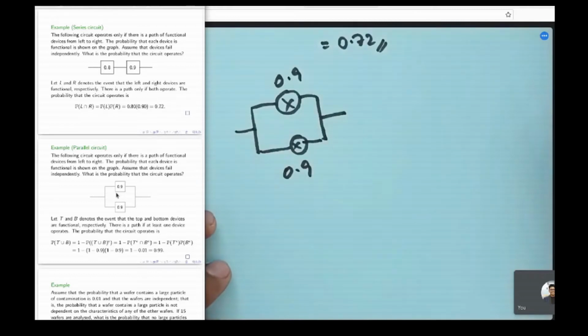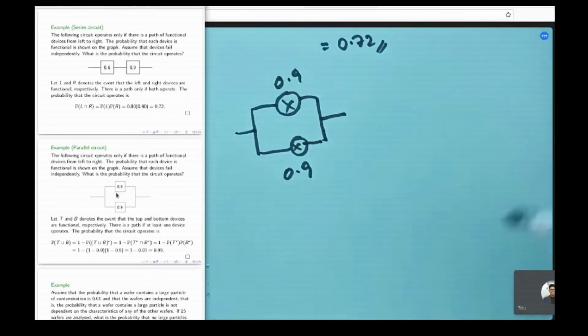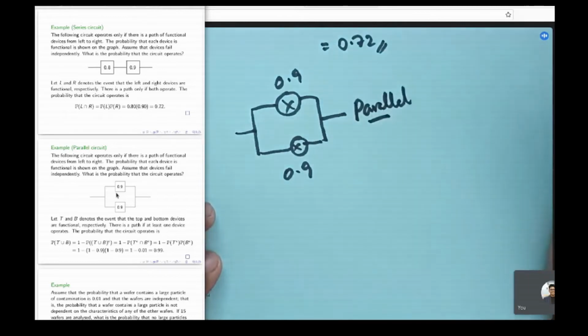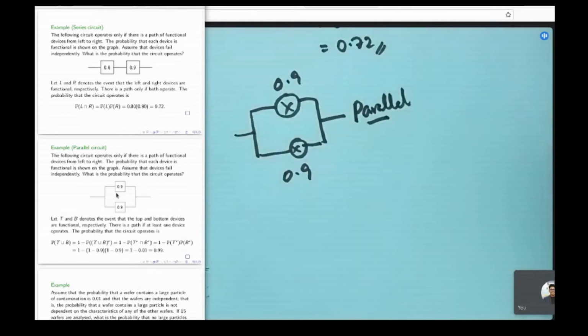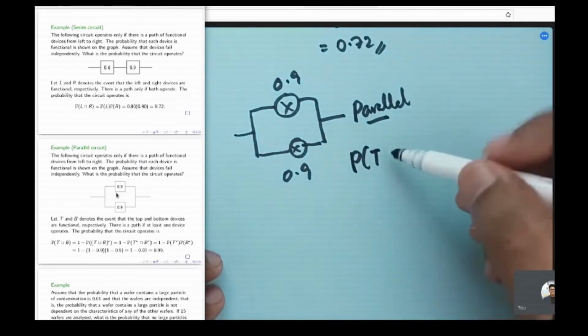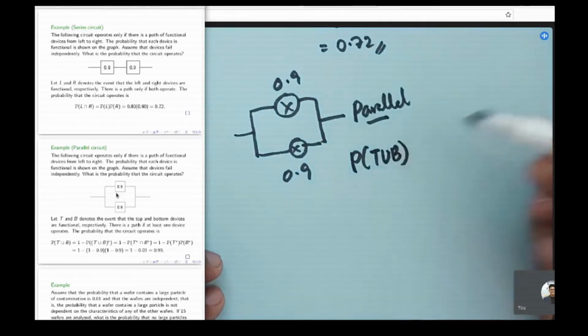So if T and B denote events that top and bottom devices are functional, there is a path if at least one device operates, because they are in the parallel configuration. There is a possibility that even if one device fails, the other will work. Therefore, first of all, we need to find out the probability of the total event that either of these would work.